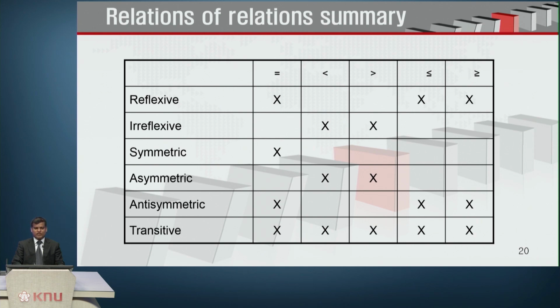Symmetric, we just use the equal to sign. Asymmetric, greater than and less than. Antisymmetric, we use equal to, greater than or equal to, and less than or equal to. And transitive, we use almost everything, depending upon the context.